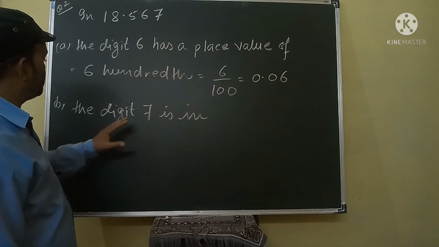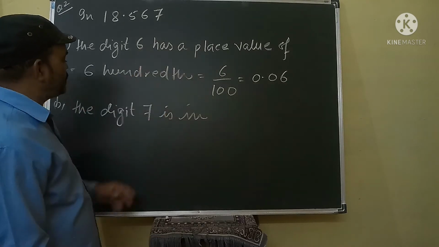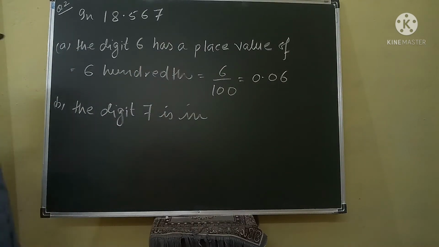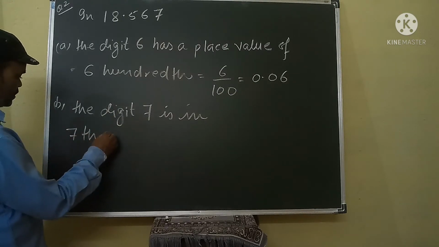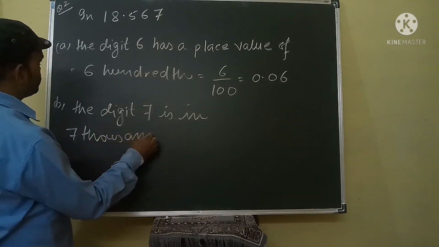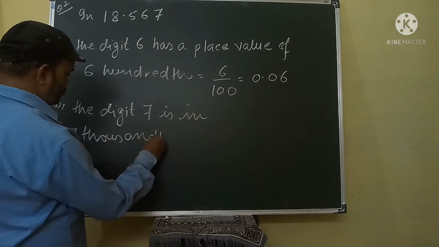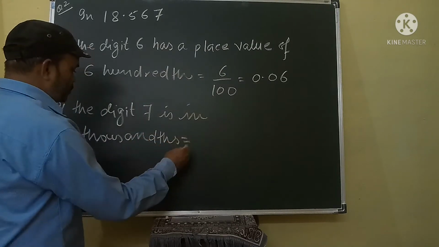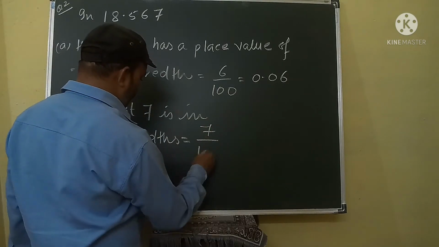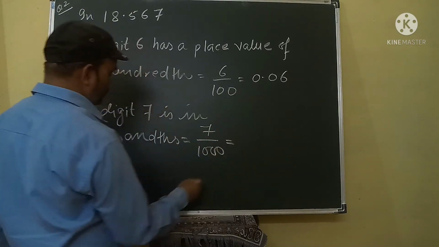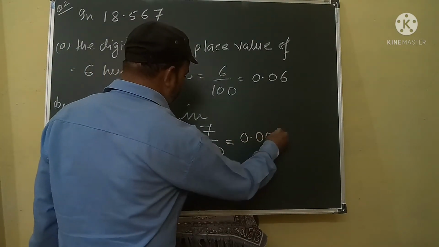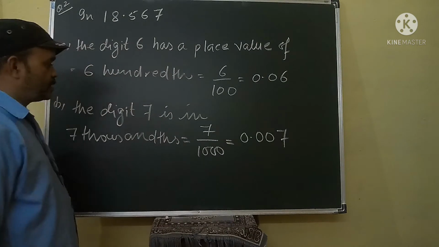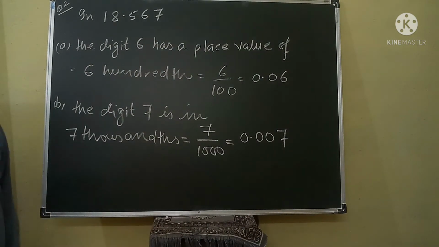That means the digit 7 has a place value of 7000th. Seven thousandths means 7 upon 1000, and 7 upon 1000 means 0.007. This is the required answer for the given question.